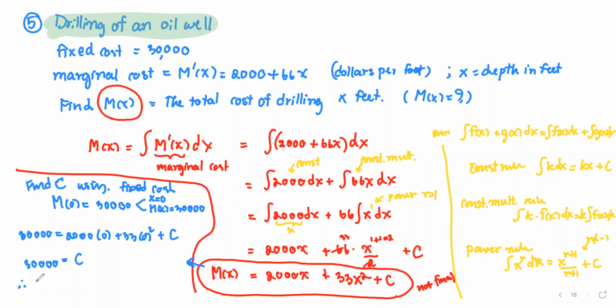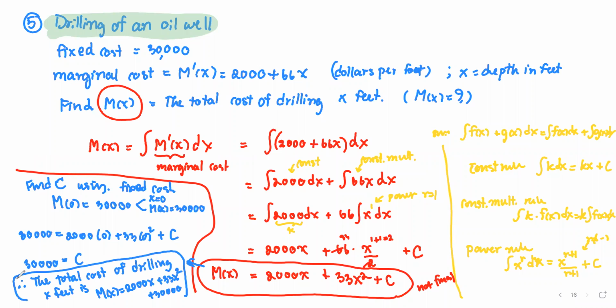So then the total cost of drilling is M(x) = 2,000 multiplied by x plus 33x squared plus 30,000 as the final answer for this problem.